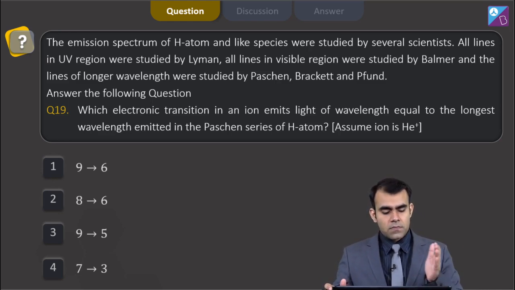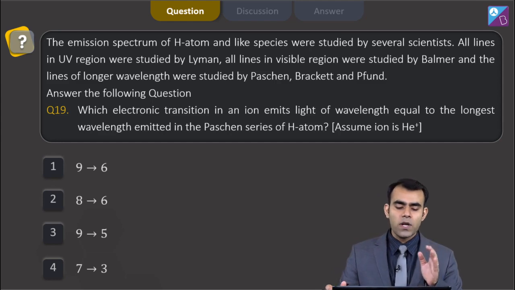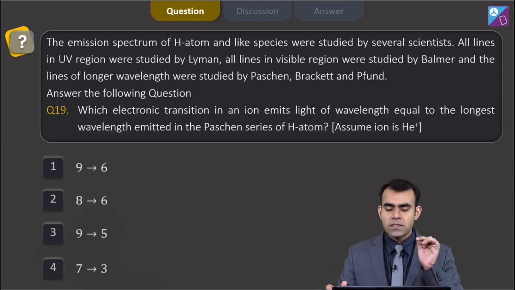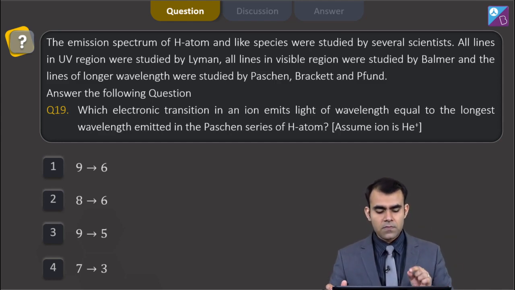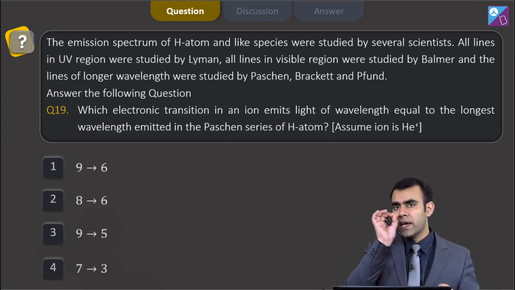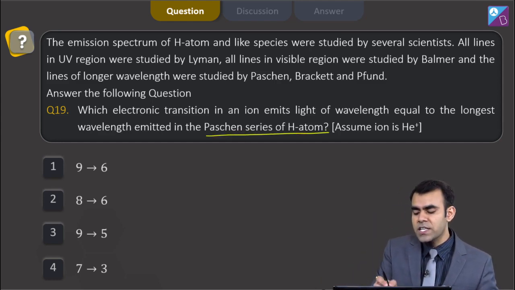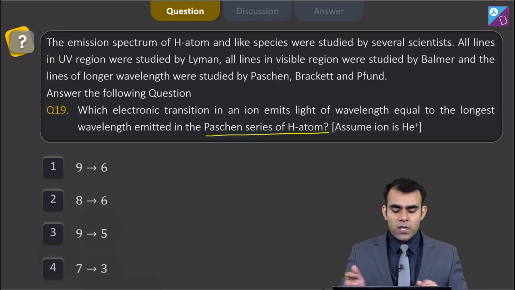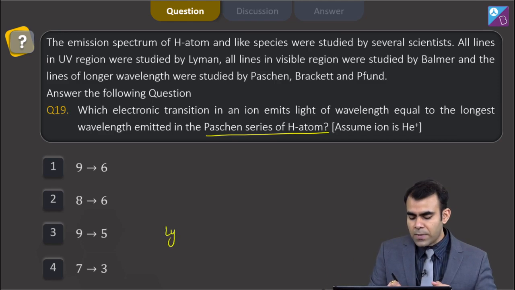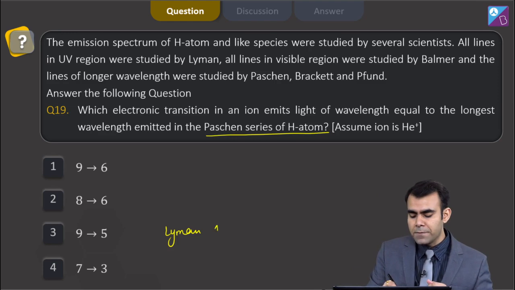Now here question number 19 says, which electronic transition in an ion emits light of wavelength equal to the longest wavelength emitted in the Paschen series of hydrogen atom? Now here there are 2 or 3 important parts. One is Paschen series of hydrogen atom. Now we know that in Lyman electron comes from any orbital to 1.